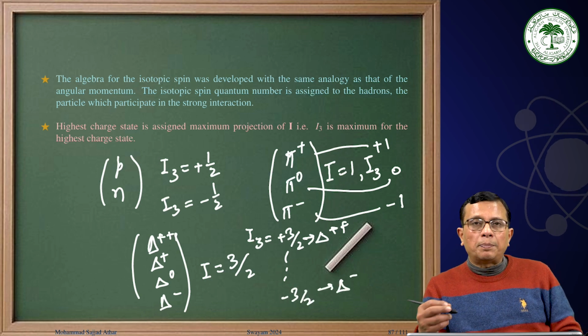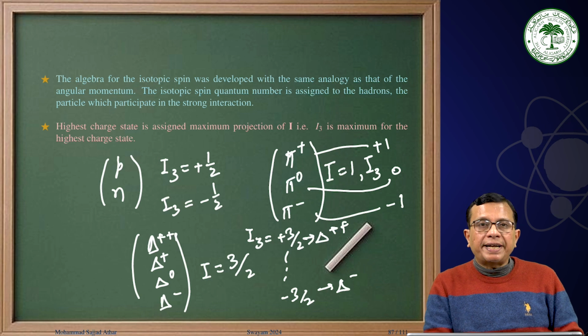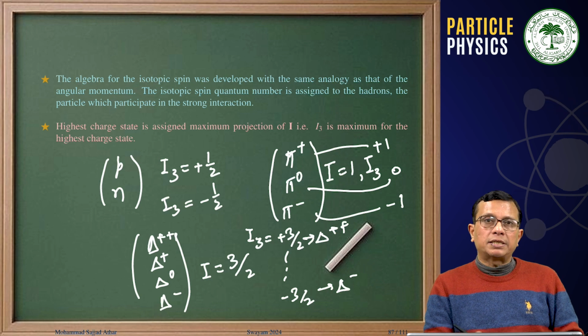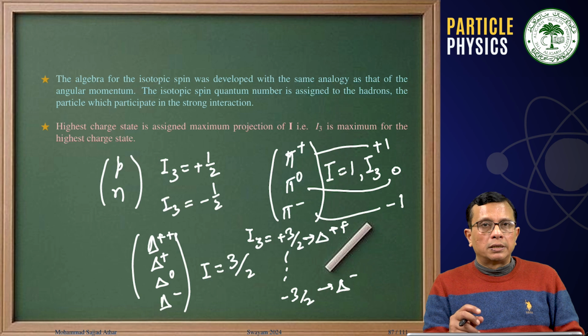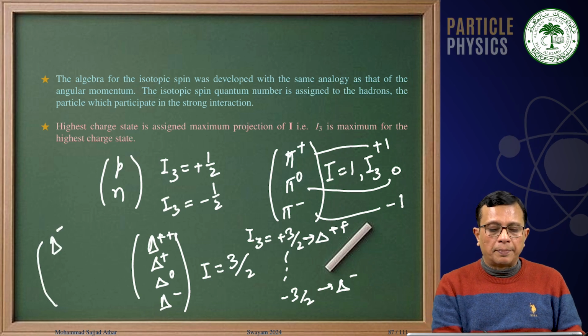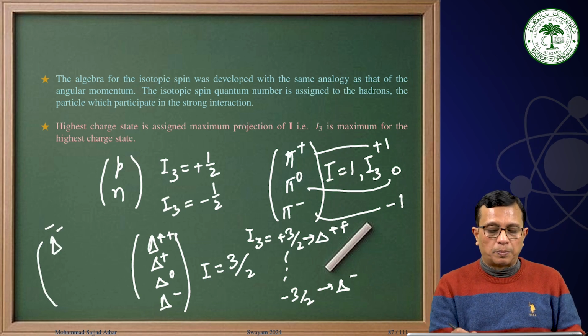Now, if I talk about the antiparticles of these four, then as you know, the antiparticle of delta minus is delta minus bar, and delta minus bar means the charge is now plus 1, while delta plus plus bar means the charge is minus 2. Therefore, if we write them, this will be delta minus minus bar, then delta 0 bar, delta plus bar, and delta plus plus bar.